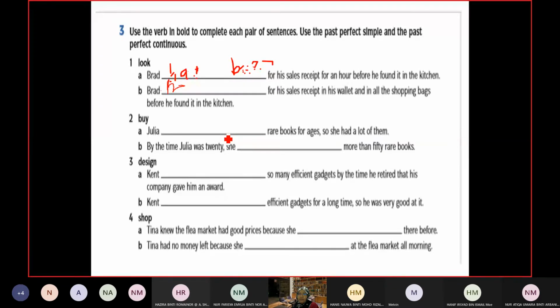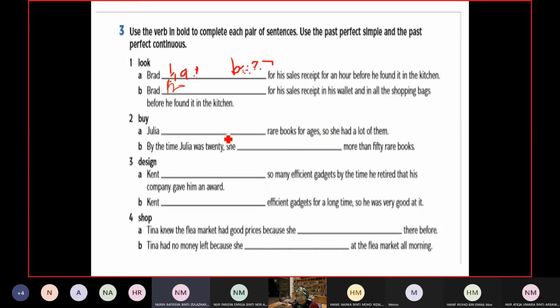All right, next one, number 3. We try with Nurin Batrisha. Ken had designed so many efficient gadgets by the time he retired that his company gave him an award.